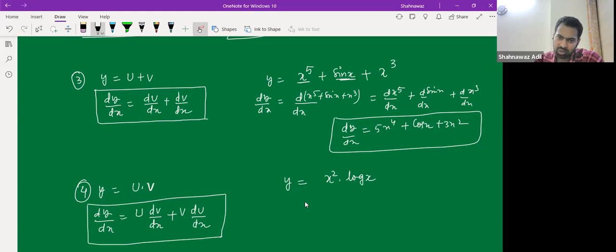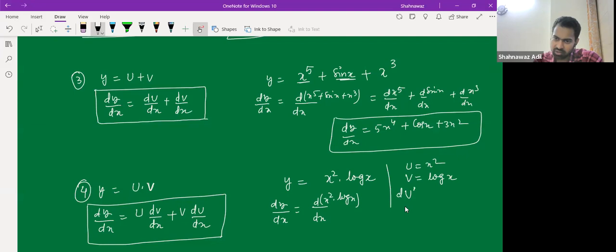Okay, so dy by dx of this would be d by dx of x squared into log x. So u is how much? u is x squared, v is log x. So u dash, which means du by dx, this would be 2x. And then dv by dx would be 1 by x, right?